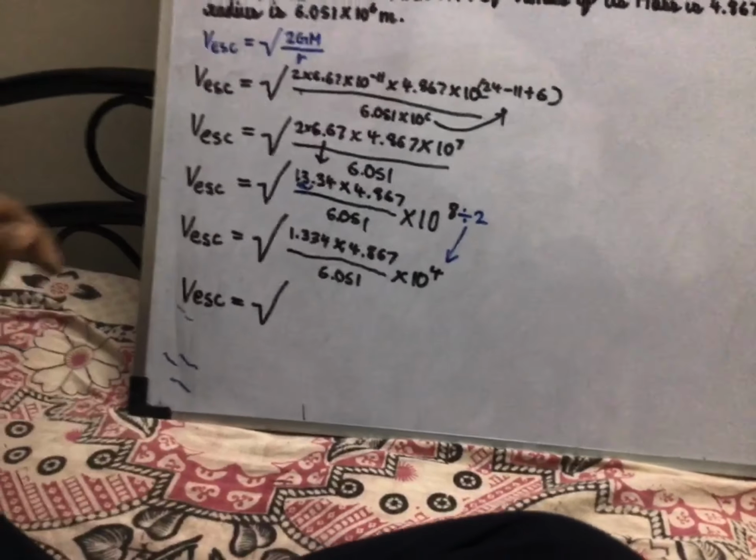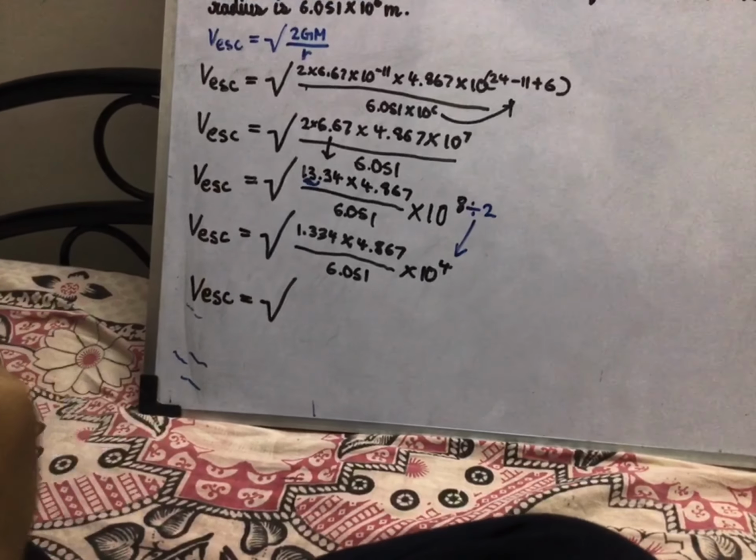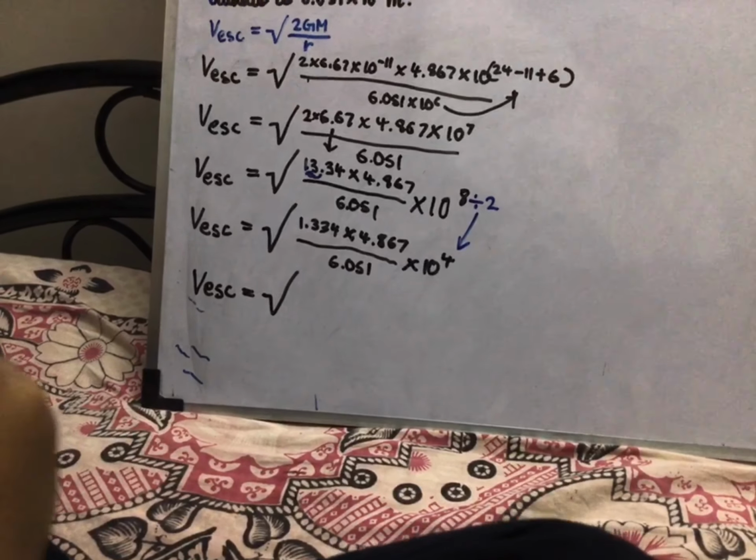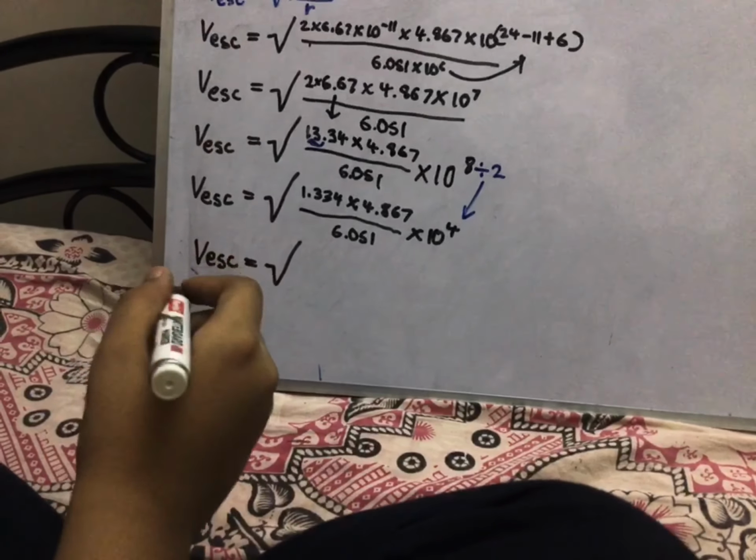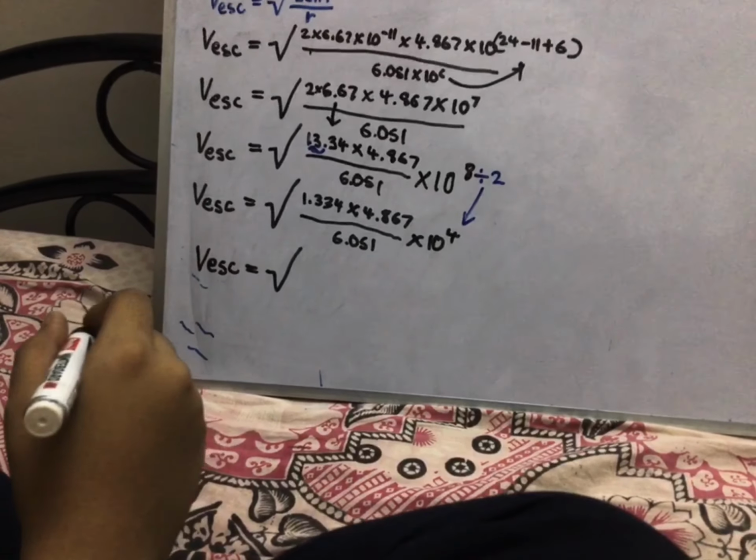Next, leave this exponential term aside, ignore it, and our next set of problems would be solving the numerical terms, that is 1.334 into 4.867, which is approximately 6.426571, divided by 6.051 into 10 to the power 4.